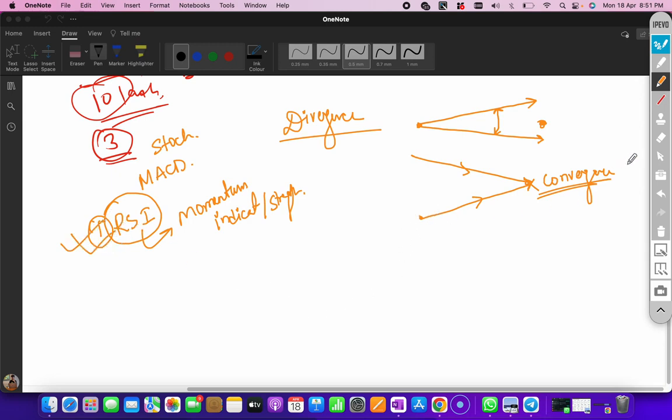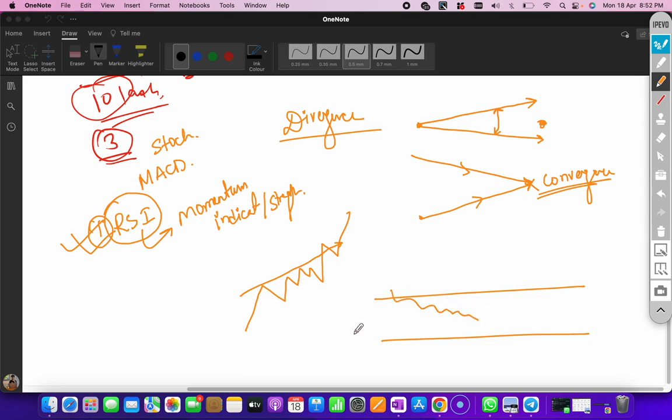In case of RSI, you will observe that the price is going high, moving something like this, and RSI is moving down. Let me show you practically.